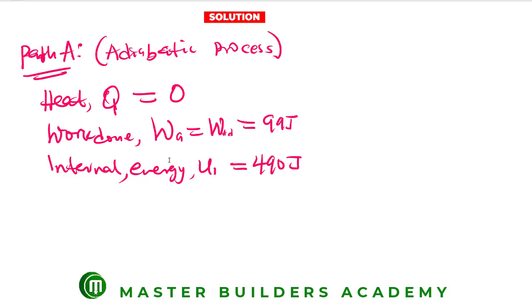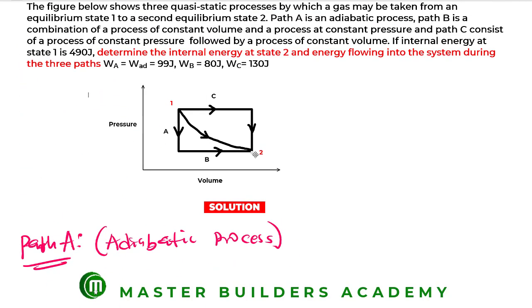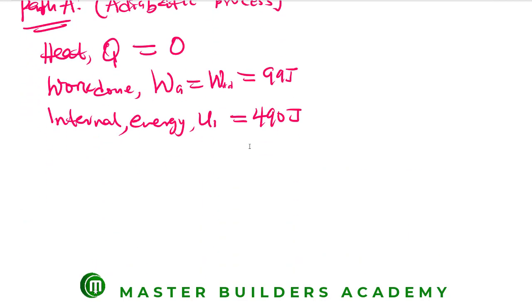Then we are asked to find the internal energy at point 2. We are finding internal energy at point 2. So we put here internal energy U2 is unknown.